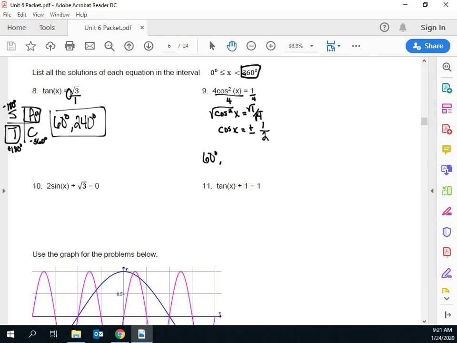Cosine of 60 degrees is the square root of 1, which is 1 over 2. If I'm doing 45 degrees, sine, square root of 2 over 2. Cosine, square root of 2 over 2. 30 degrees, sine of 30, square root of 1, or 1 over 2. Cosine, square root of 3 over 2.